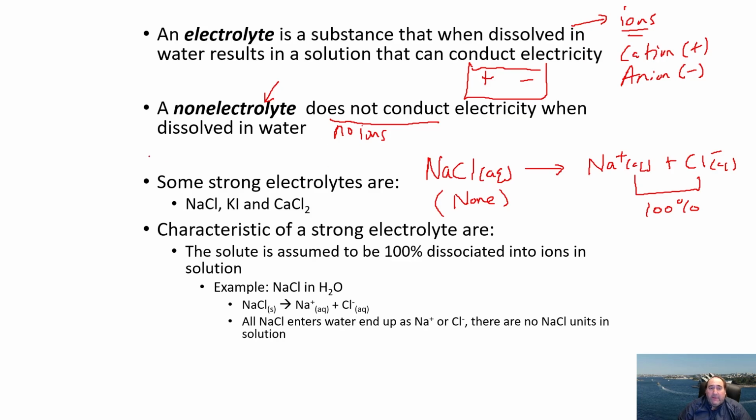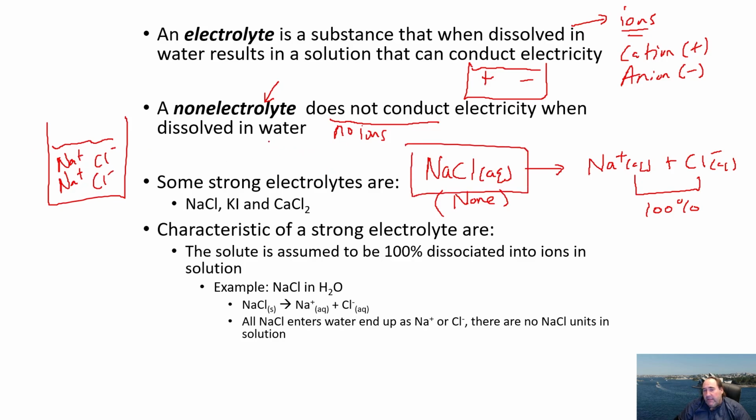If you were to really look at that solution, you would have nothing but sodium ions floating around, nothing but chloride ions floating around. So everybody's just going to dump off when they go for a swim, going to produce a lot of ions really quickly. And that's why they're a strong electrolyte, because it's a ton of ions really, really quickly.